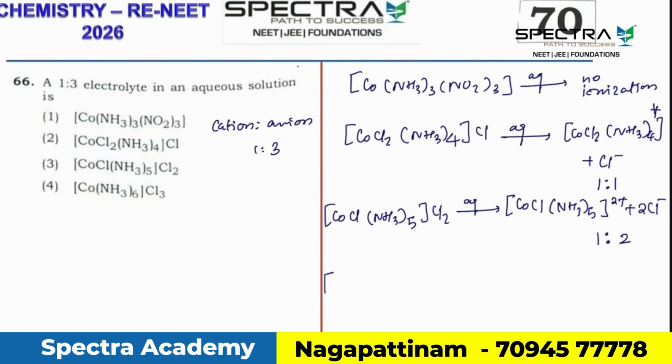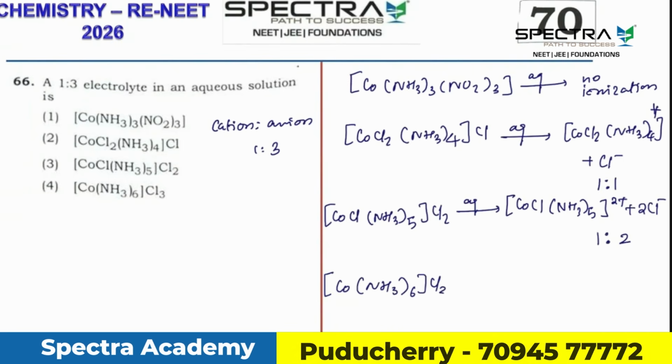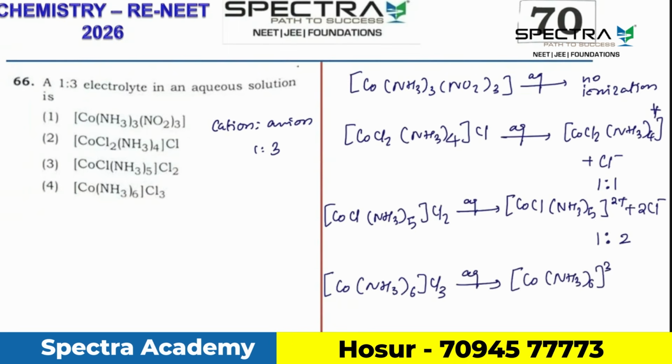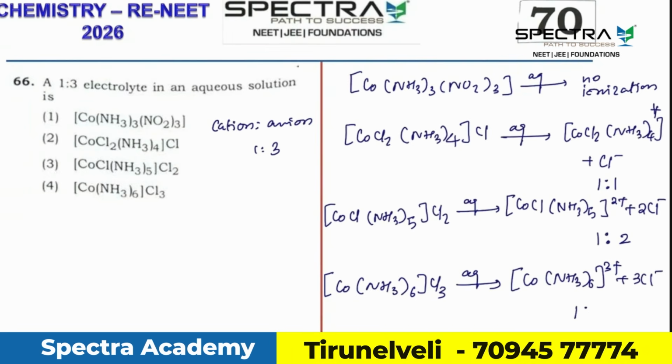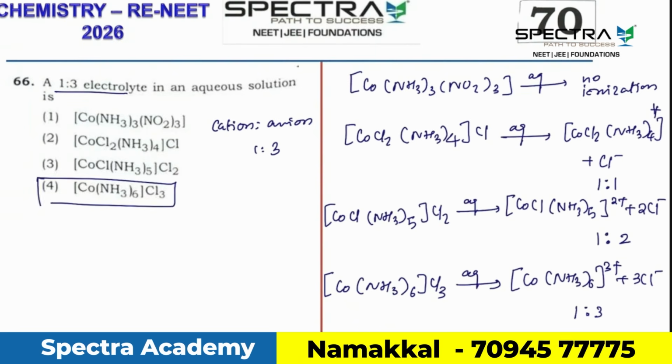Now the last one is [Co(NH3)6]Cl3, which when added to aqueous medium will give you [Co(NH3)6]3+ plus 3Cl-. When you check the mole ratio of cation and anion, it will be 1:3, which is asked in the question. So the answer will be option 4.